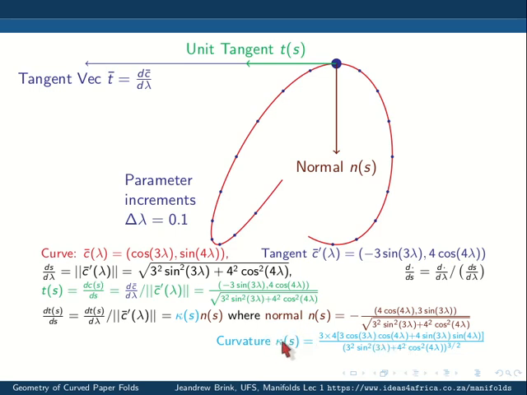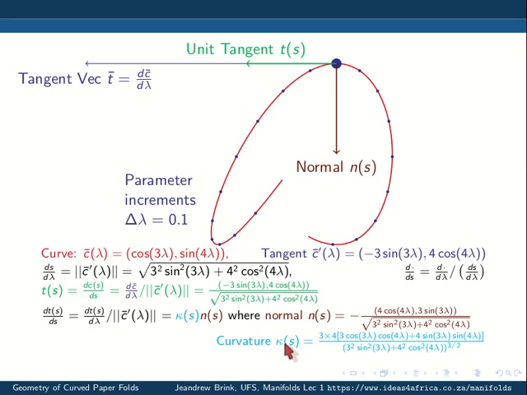So this curvature kappa of s is the norm of dT/ds, but it also has another very useful interpretation: associated with curvature there's a radius of curvature that's 1 over the curvature.